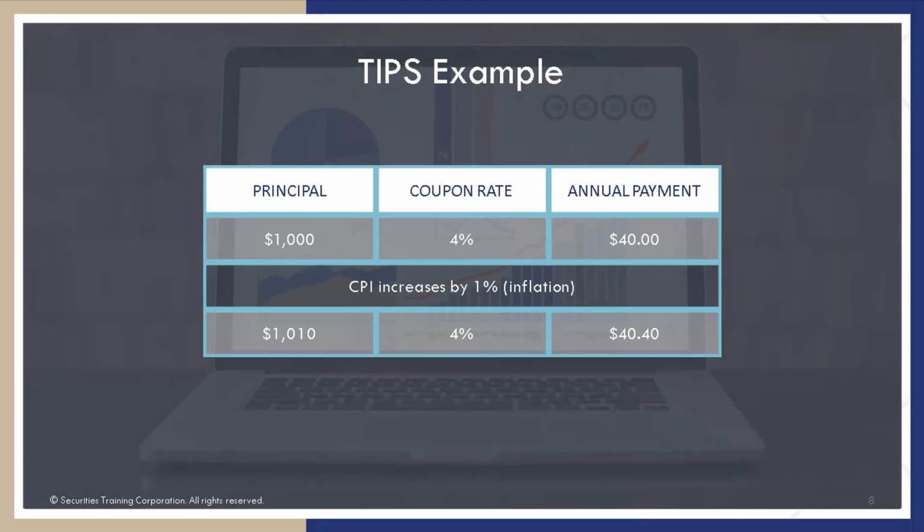However, at maturity, you will always get at least par value. So what the government pays at maturity is the greater of par value or the adjusted principal. Now, it's rare that we have deflation. So generally you will get the greater amount, which will be that adjusted principal, which has been increased.